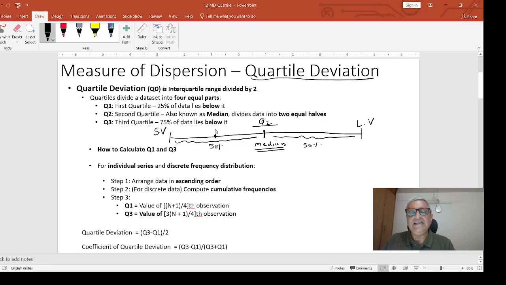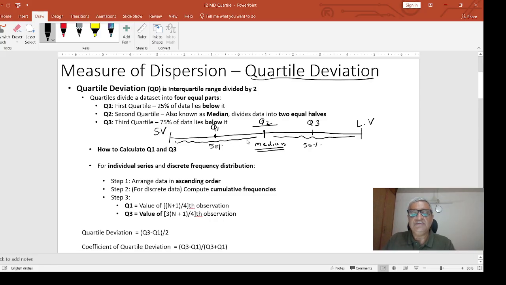If I take the median of the left side of the data of quartile 2, the median of the left side of the data is nothing but Q1, and the median of the right side of the data is nothing but Q3.